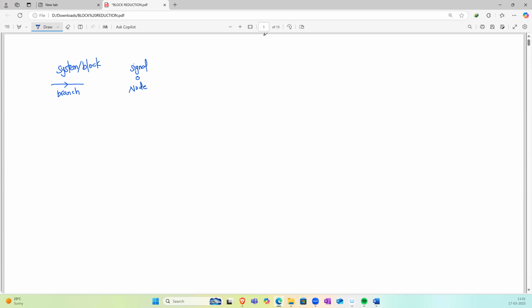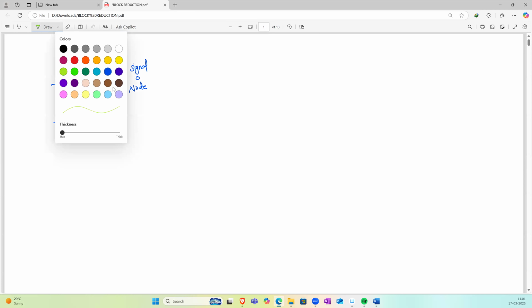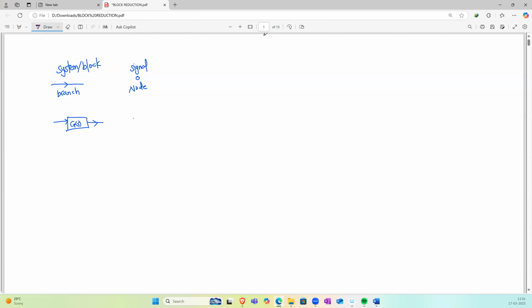So for a basic representation, let me just draw something. If you have a system or block with a transfer function G of s, and it moves out this way, to represent this in signal flow terms, I'll first of all have to identify the signal over here.